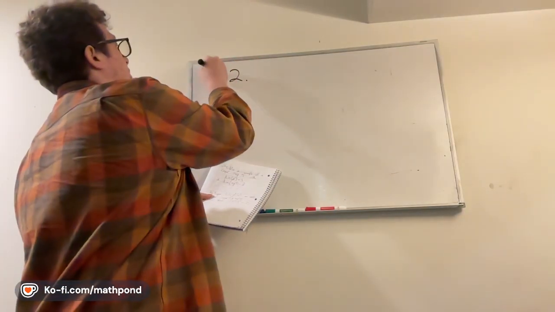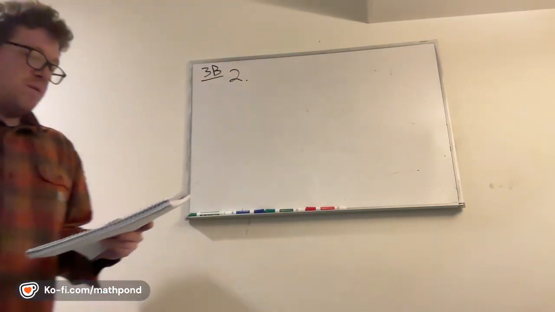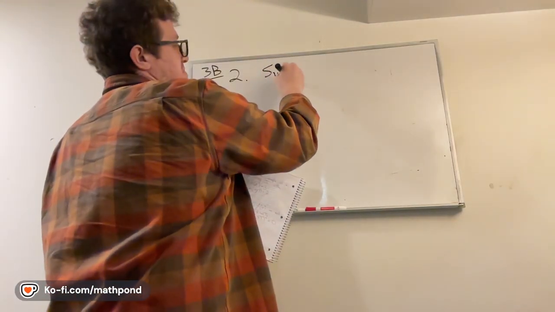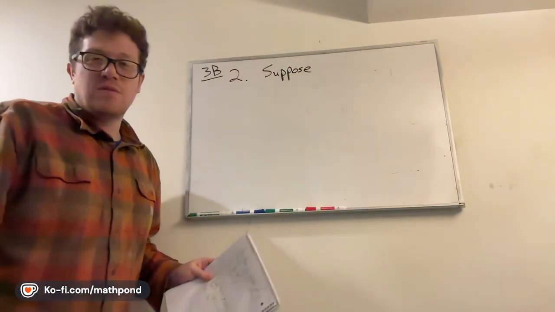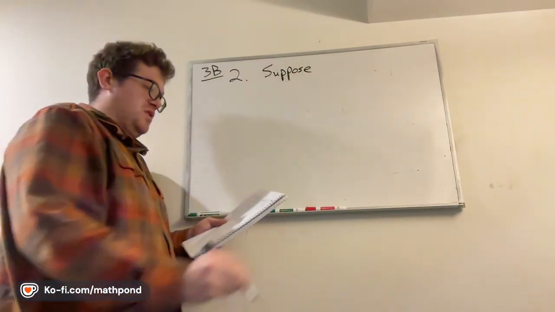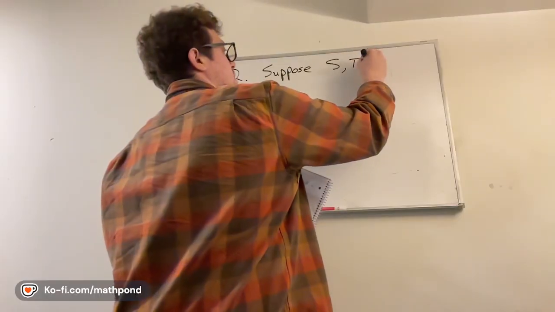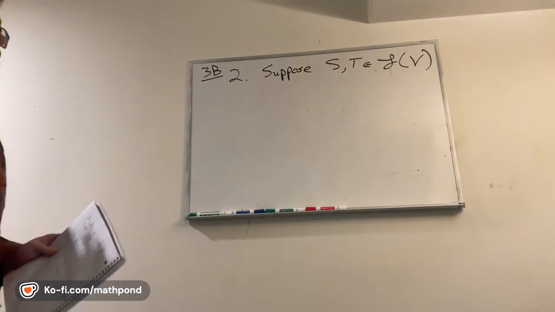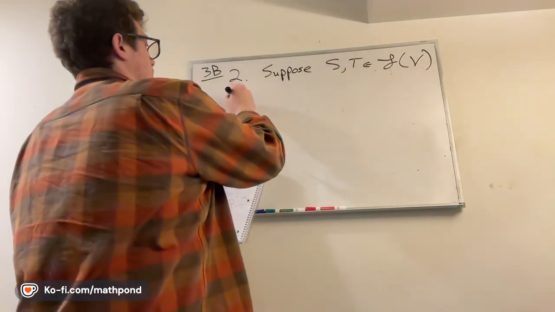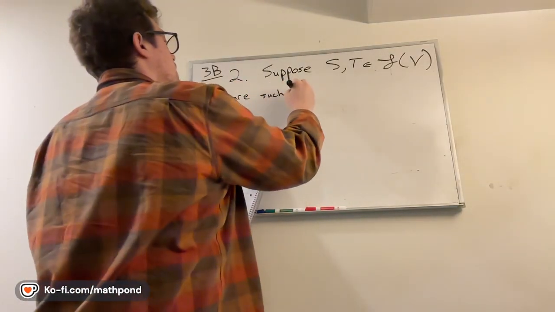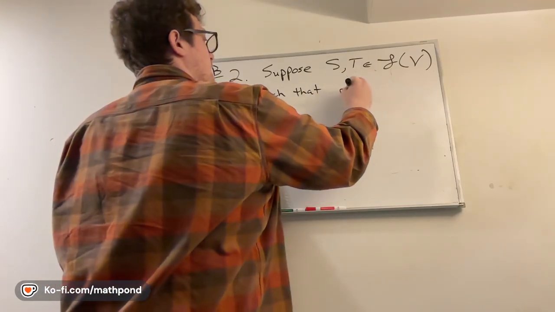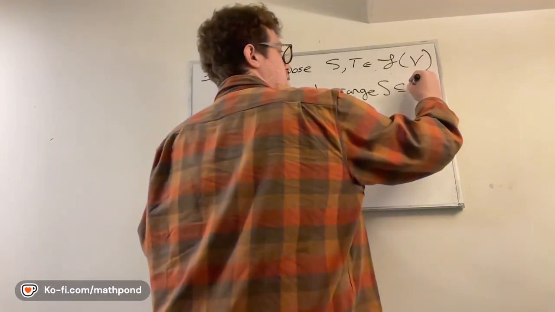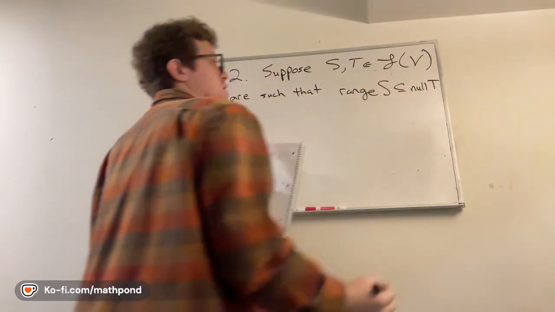3B number 2, exercise 2. So this says, I just thought this problem was a little cute. So it says, suppose you have two linear transformations S and T from V to itself. So this is an algebra. And they are such that the range of S is a subset of null T. So this is a subset.